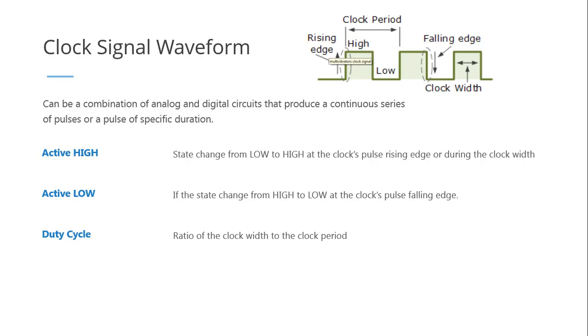Next, we have what we call the duty cycle. The duty cycle is termed as the ratio between the clock width and the clock period.